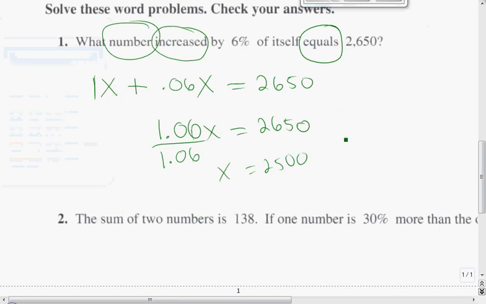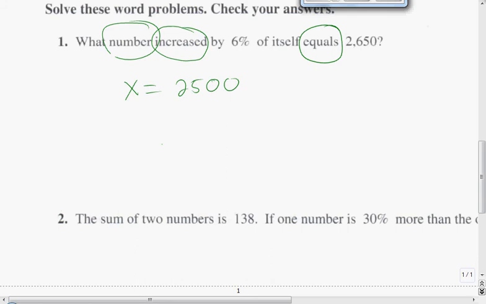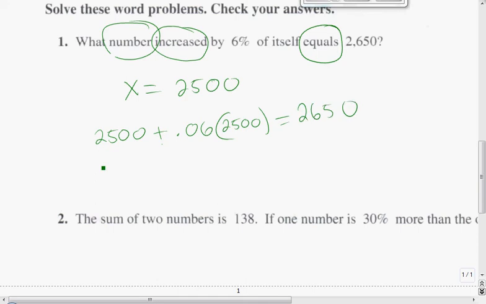Basically what this means is, since x is equal to 2,500, 2,500 plus 6% of 2,500 equals 2,650. Let's see if that's true.